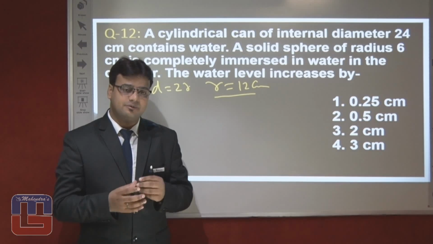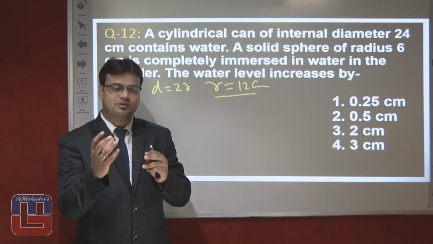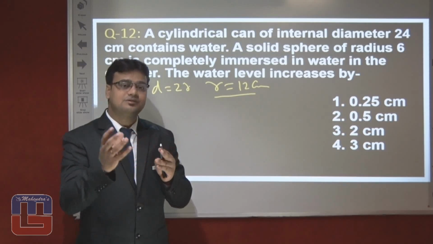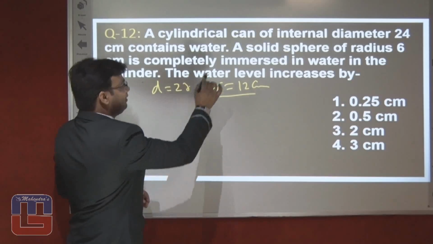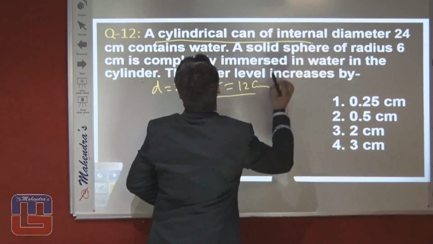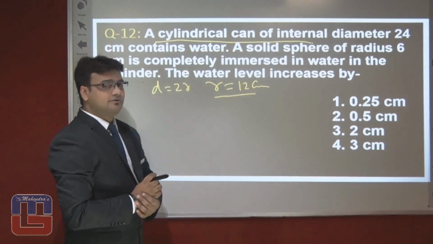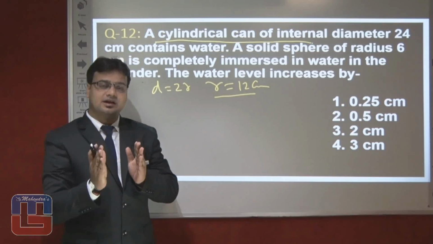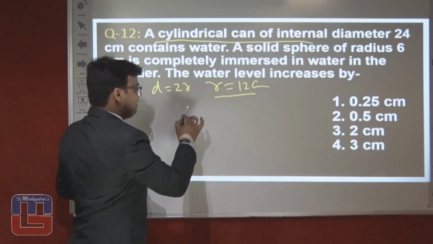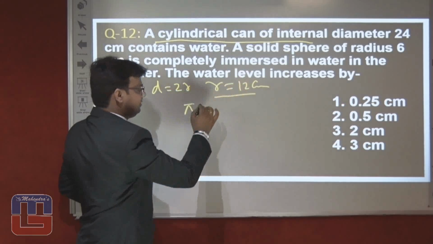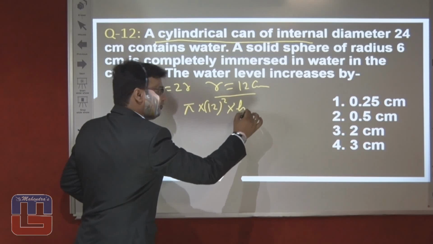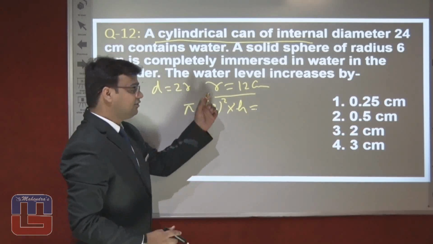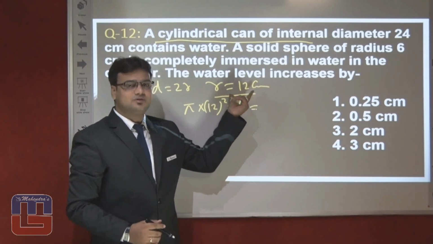All of you know Archimedes principle: the replaced volume is equal to the volume of the solid. Here, what is the replaced volume? Here we use the cylindrical can. The volume of a cylindrical can is pi r square, that means 12 square, and h, the level of water increase, is equal to the volume of the solid sphere.